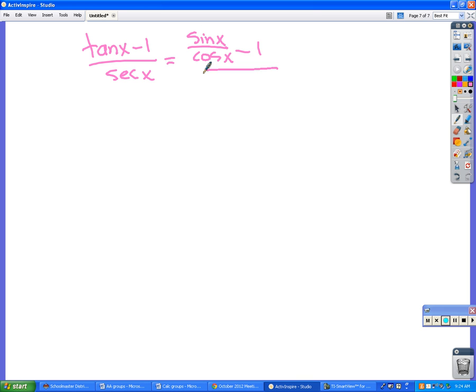What is secant? 1 over cosine. So instead of dividing by 1 over cosine, I can multiply by the reciprocal. So I can rewrite this as sine of x over cosine of x minus 1 times cosine over 1, right?